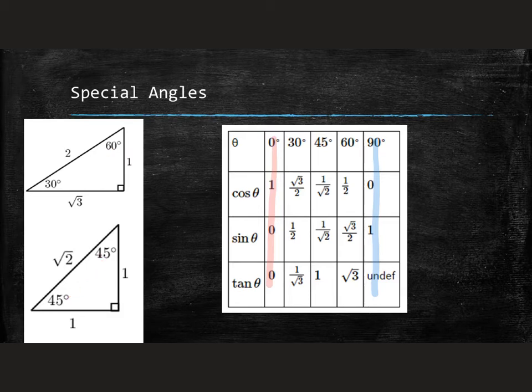Another thing you could notice about this is that when they say without a calculator, this is what they want you to use. Whenever they say without a calculator, they're telling you that either everything cancels and it becomes quite nice, or you're going to convert a trig ratio into a special angle fraction.